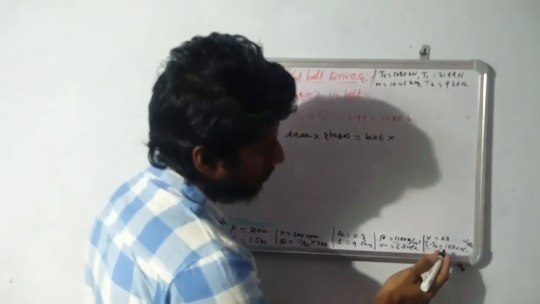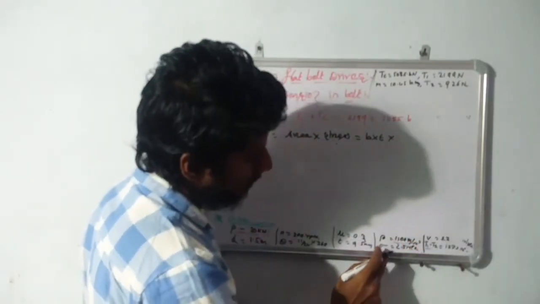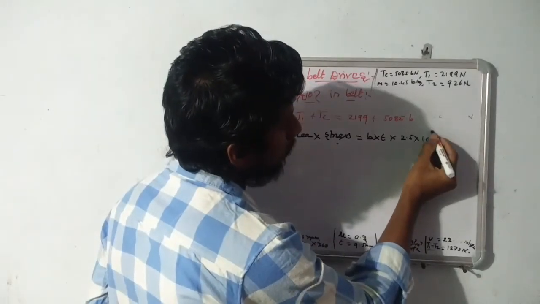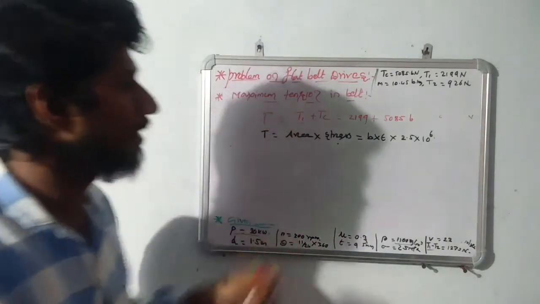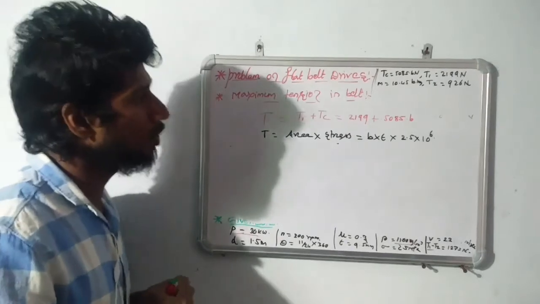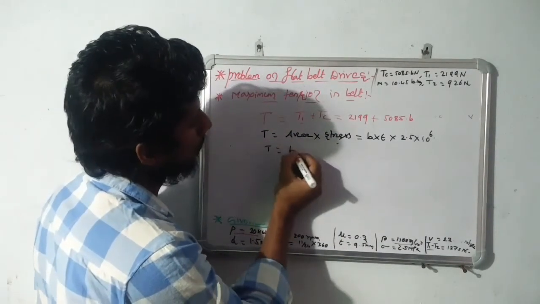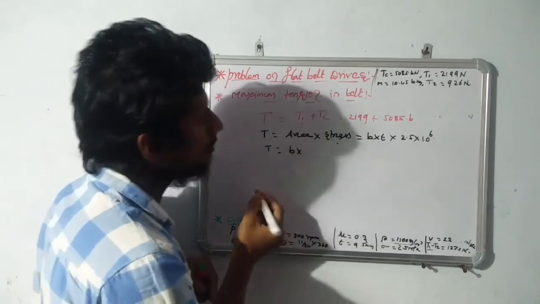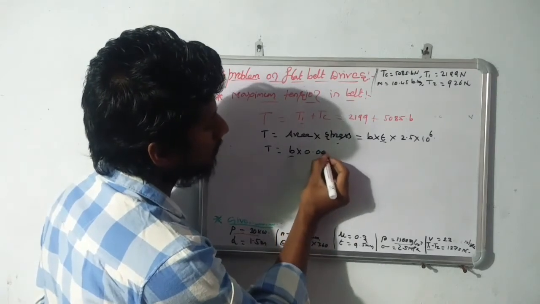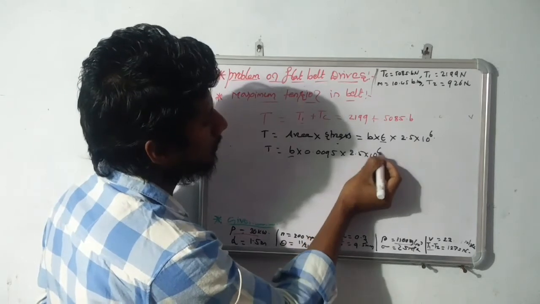The stress value is given in the data: 2.5 megapascals, that is 10 to the power of 6. By simplifying this, we get the maximum tension in the belt in the other condition. So T equals B into, since we don't know the value of B, the thickness of the belt 0.095 into 2.5 into 10 to the power of 6.